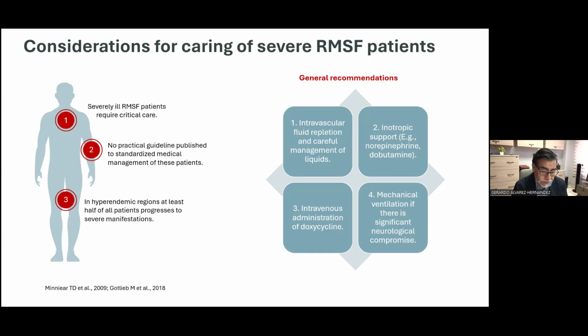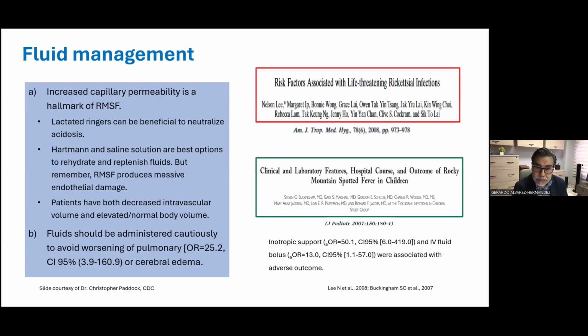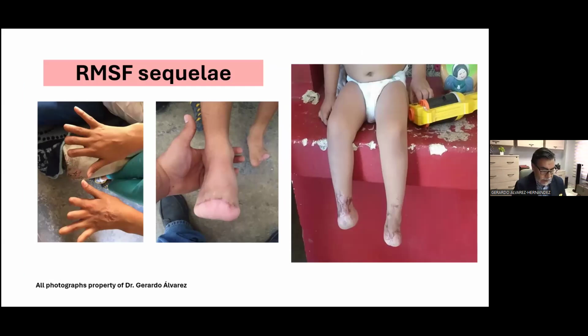And finally, provide mechanical ventilation if there is a significant neurological compromise. This is important because there is evidence that when not properly administered, the replacement of fluids can be very dangerous for patients having the disease.